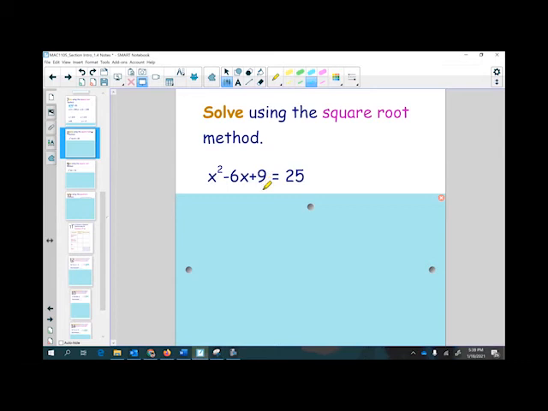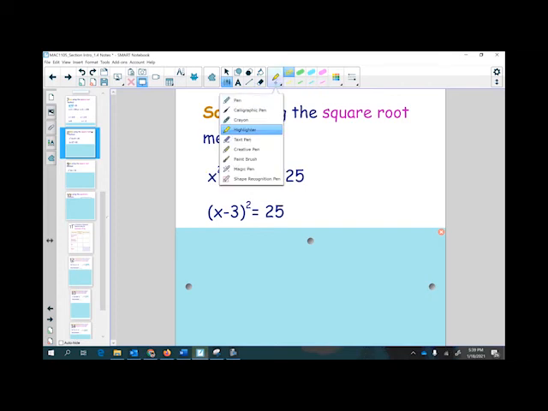So what I mean is, notice that the square root of 9 is 3. And if you double 3, you get 6. So what that means is I can rewrite it like this: x minus 3 quantity squared equals 25.